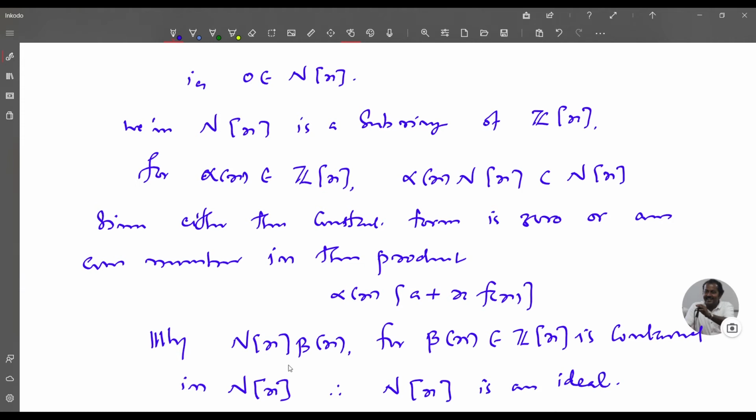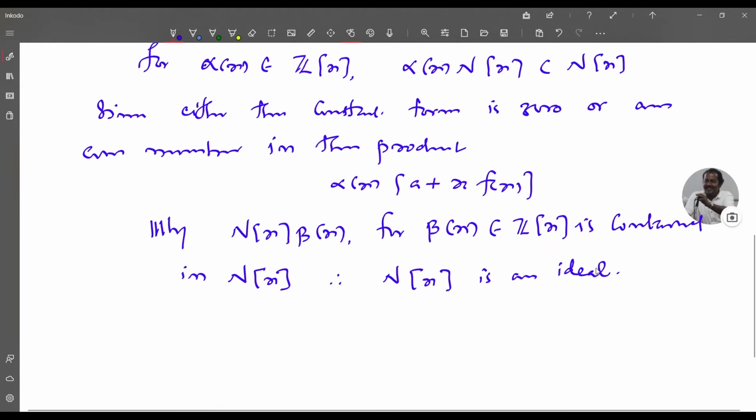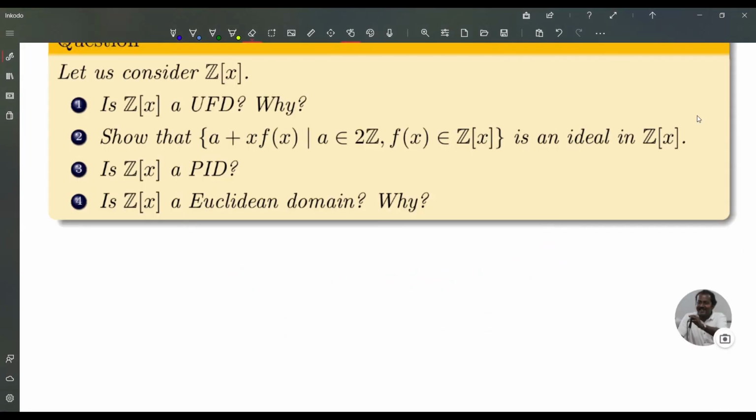Here again, the product will be of the form a plus x f(x) times beta(x). So the constant term is either an even number or 0. Now we answer 3. The answer is no, Z[x] is not a PID.